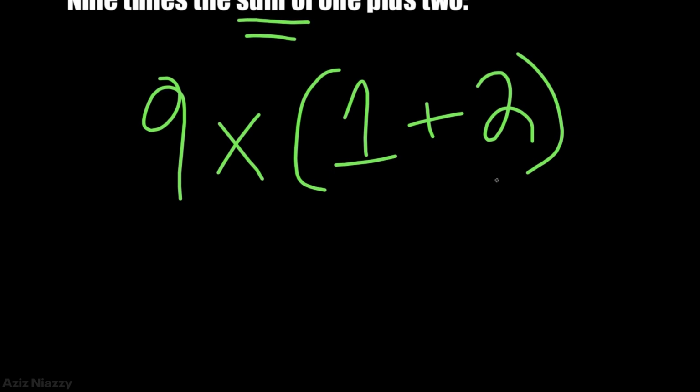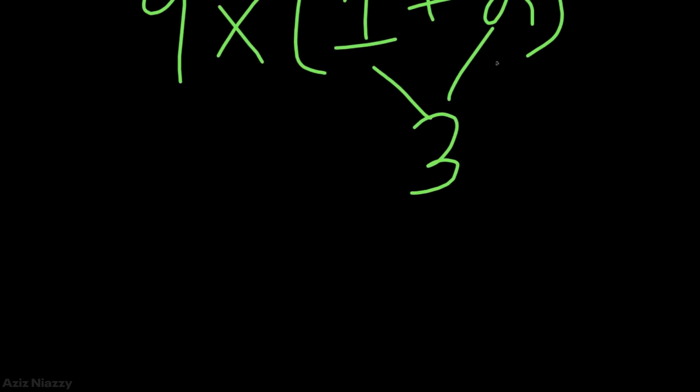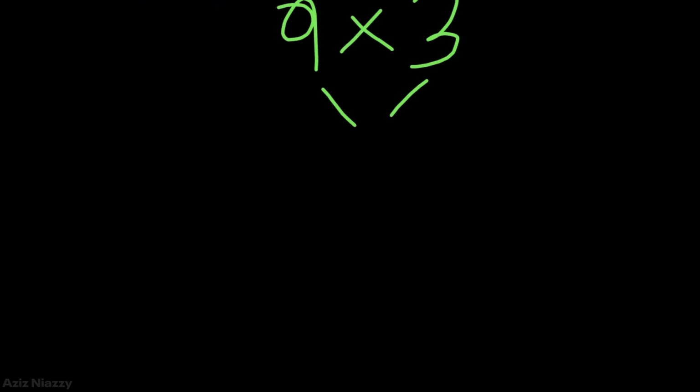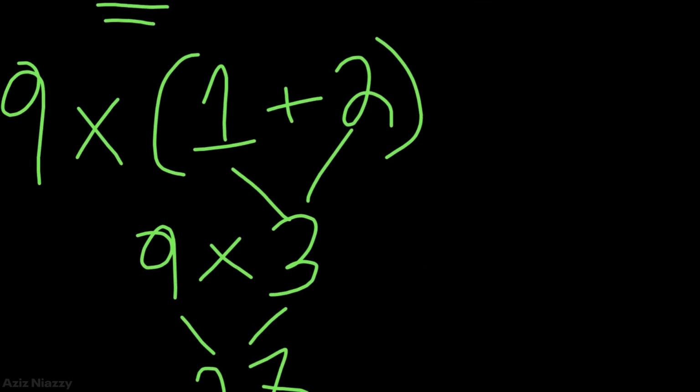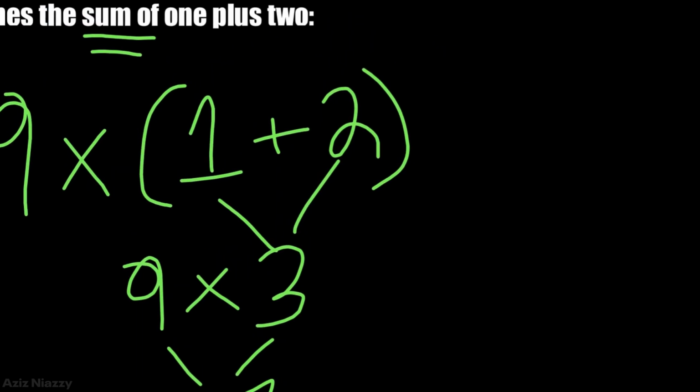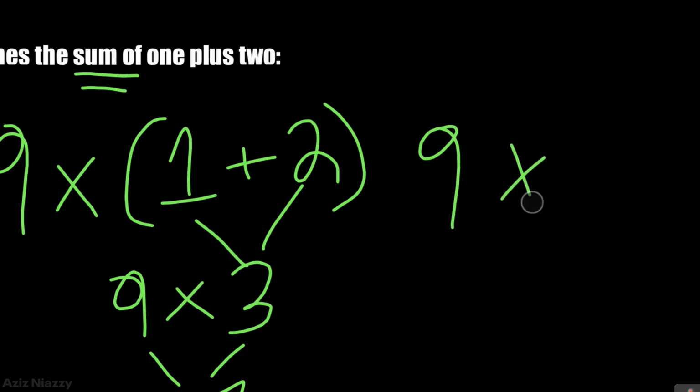So if we do this problem, 1 plus 2 equals 3, and 3 times 9 is 27. So with the parentheses, we get the answer 27. But if we didn't have the parentheses, then it would look like this: 9 times 1 plus 2.